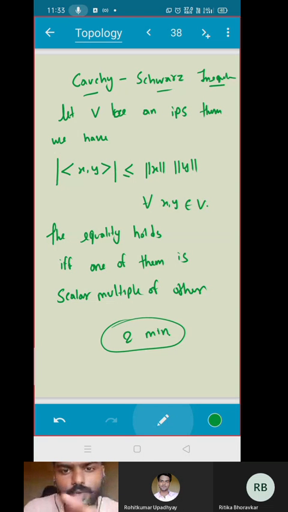Okay, you wrote it like that. What next? Then we can do norm of inner product of x comma x plus y.